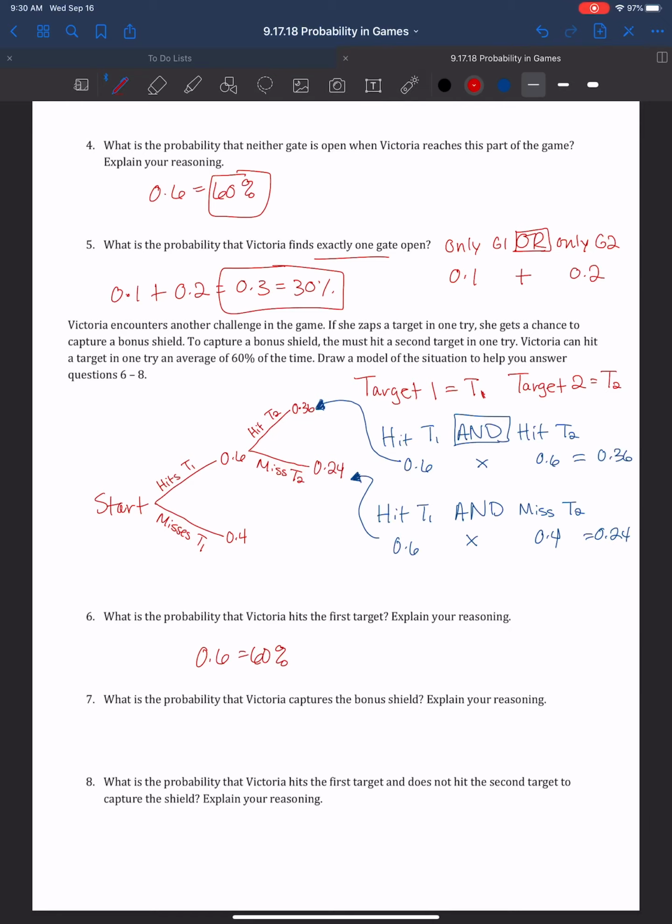That means she has to hit both targets, right? So we said right here that her probability is 0.36 or 36%. And then what's the probability that she hits the first one and doesn't hit the second? So that's what we did right here. We said that that was 0.24 or 24%.